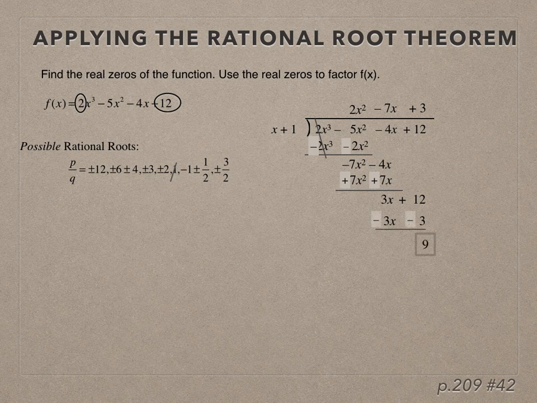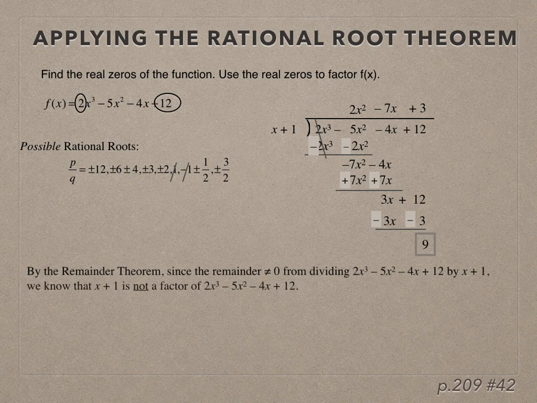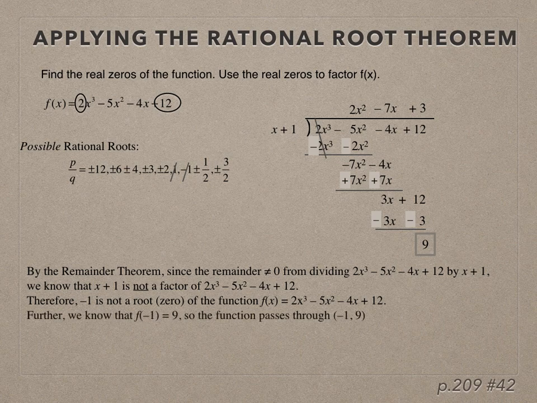Changing my signs and adding, I get a remainder of 9. I know that x plus 1 is not a factor. Therefore, negative 1 is not a root, and I can cross it off from my list. The curve does not go through the point (negative 1, 0), but it does go through (negative 1, 9).